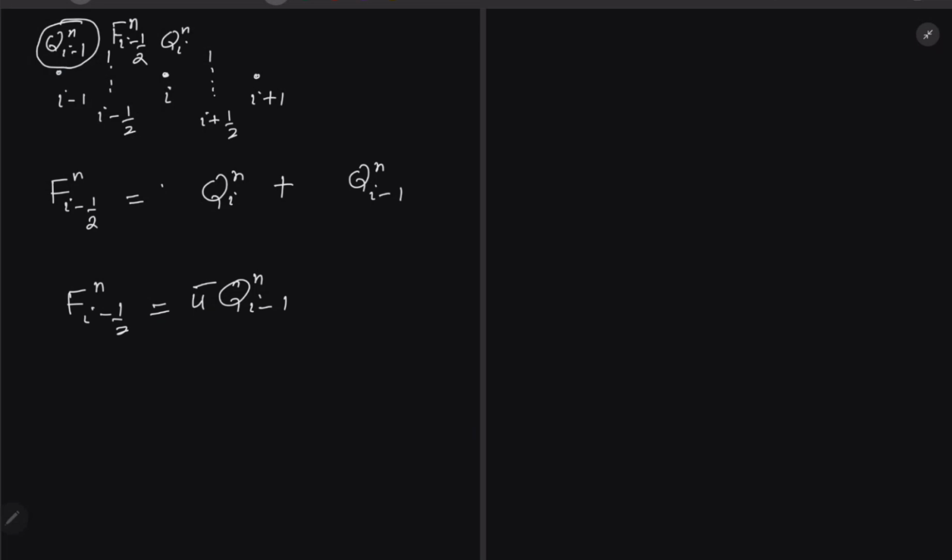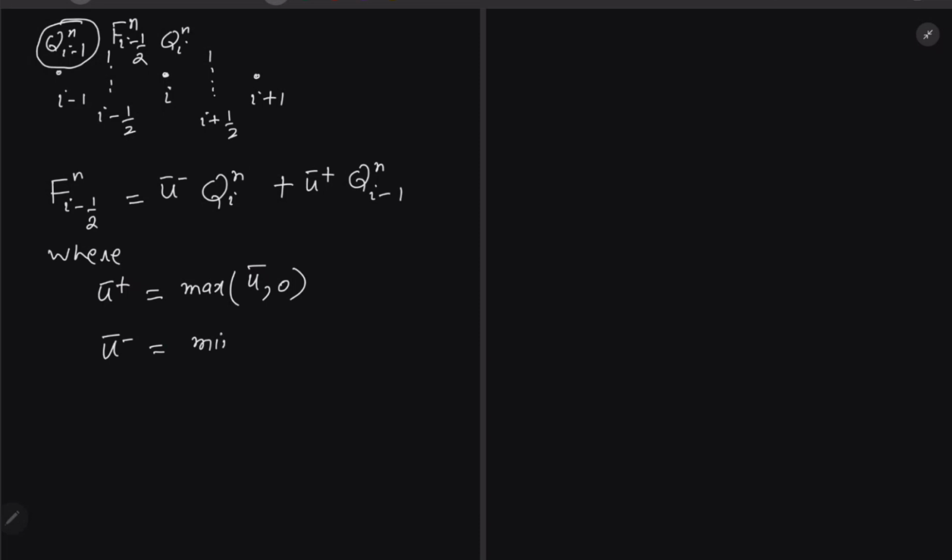So what we do, we define one variable U minus, and we define U bar, which is the speed of the wave. We also define it like this, where u bar plus is the maximum of u bar and 0, and u bar negative will be the minimum of u bar and 0.